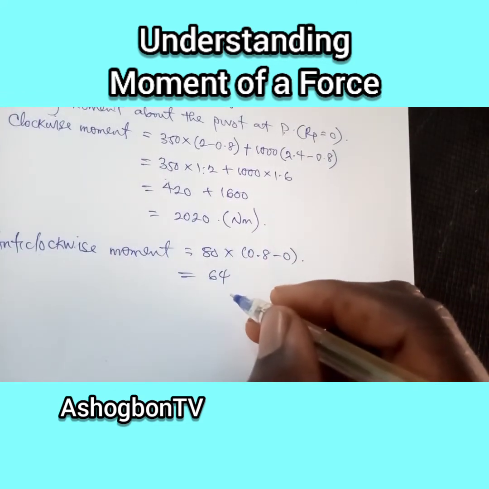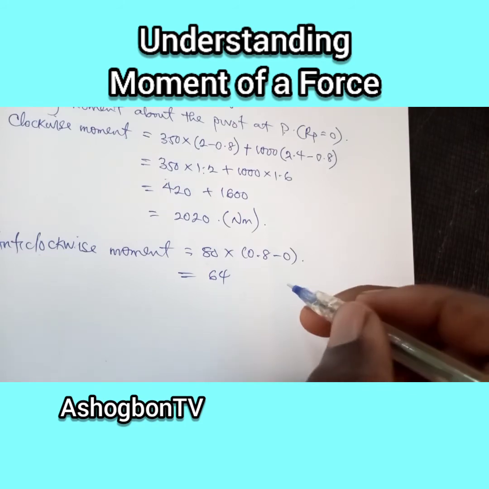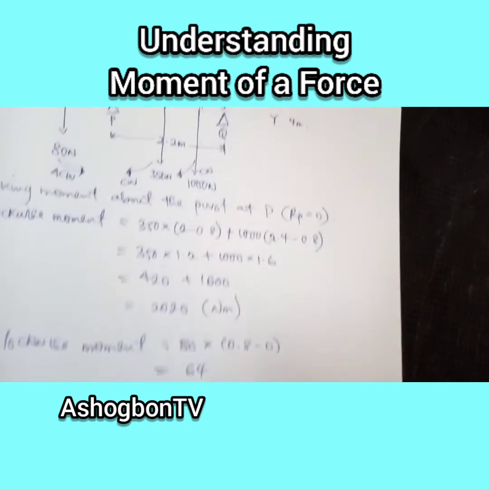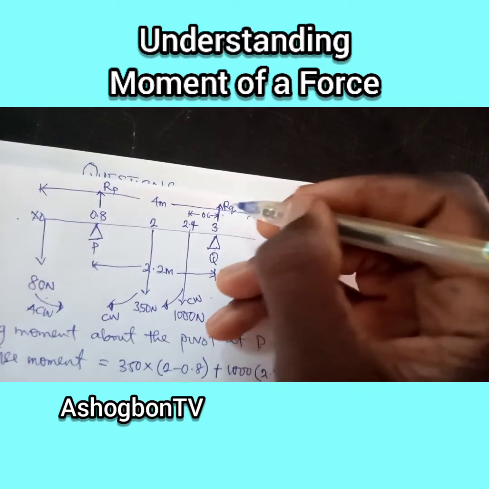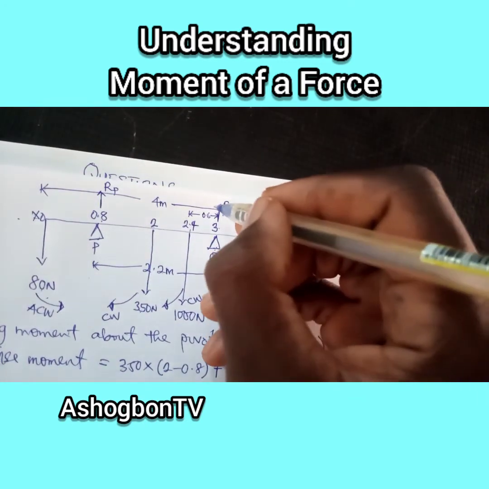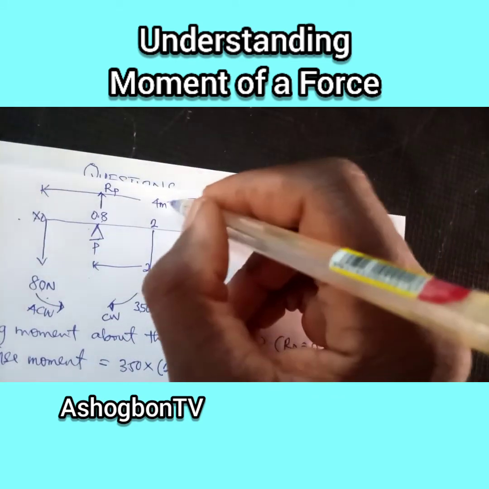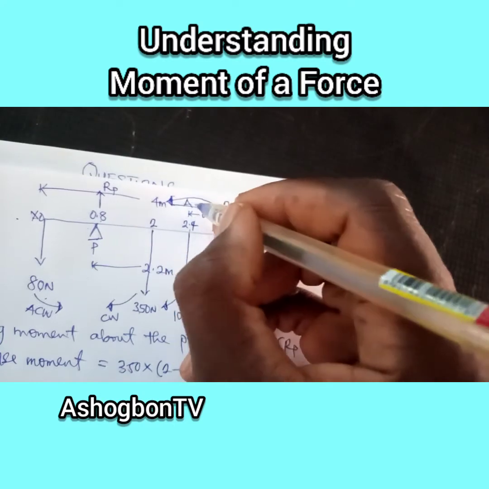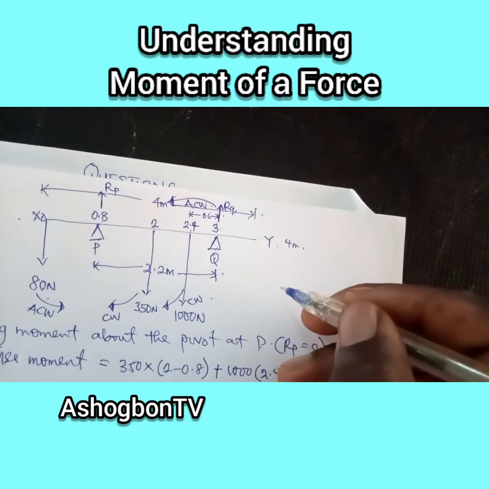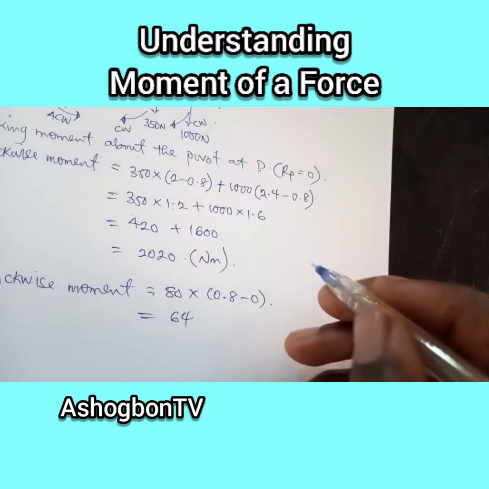And if you get 64, the next thing you need to do here, oh, I've forgotten my RQ. Where will be the direction of RQ? Yes, towards the point. So we have this. And what will this direction be? This is an anti-clockwise moment. So it also follows what we are doing here.